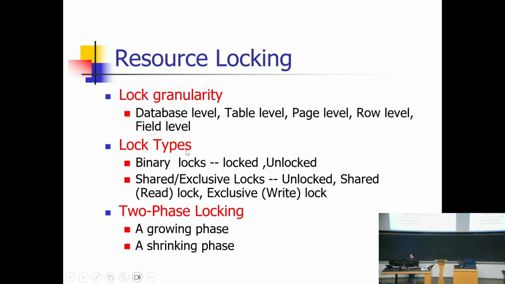And then we have different types of locks, such as a binary lock, which means either locked or unlocked. But most databases use shared and exclusive locks. A shared lock means many users can read the same data, and an exclusive lock is used when you want to write, and it blocks others from reading it because you want to update it, to avoid, for example, the lost update, right?